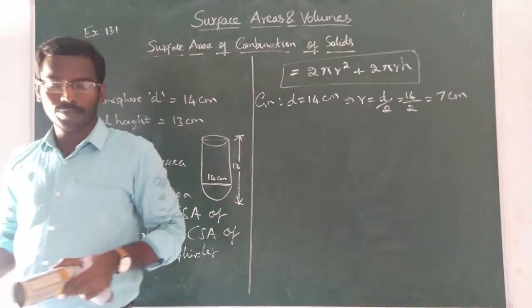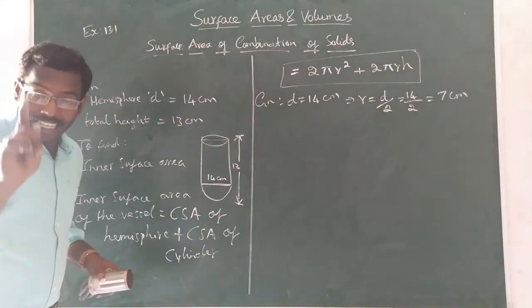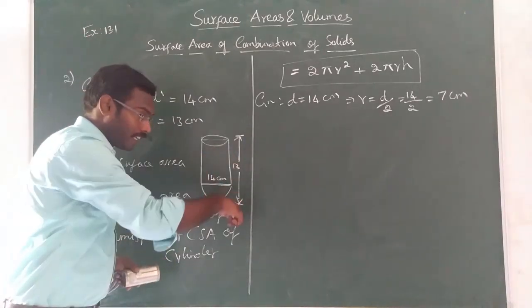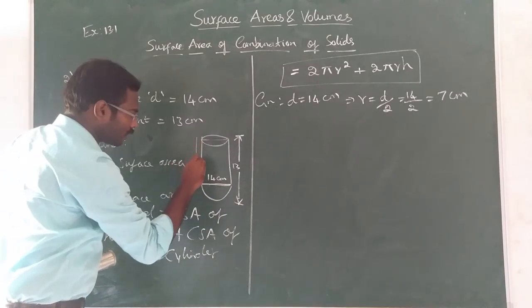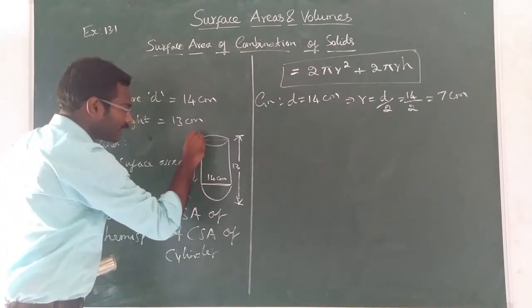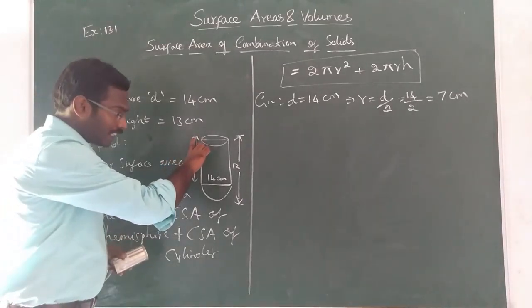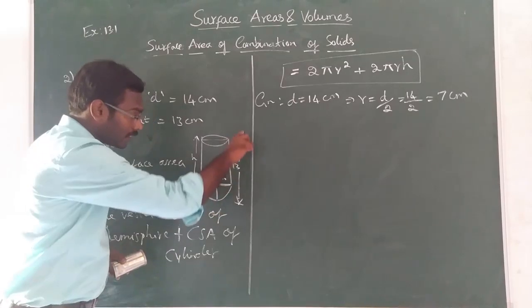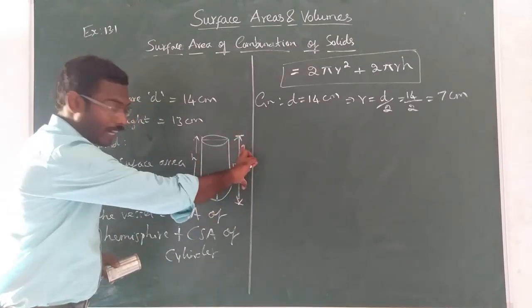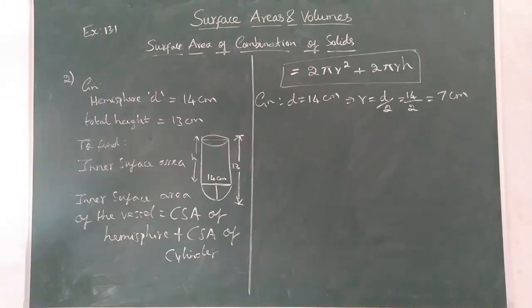Clear? Okay. Then how to find the height of the cylinder? Listen carefully. This is the total height. Total height is given as 13. But the cylinder height means this much only. Therefore, for the cylinder's height, from the total height you have to subtract this part. Do you know what that part is?